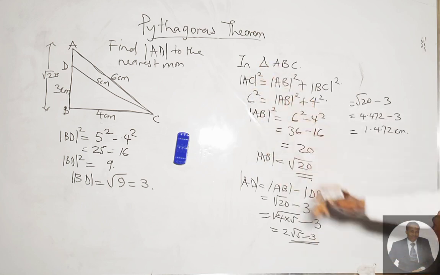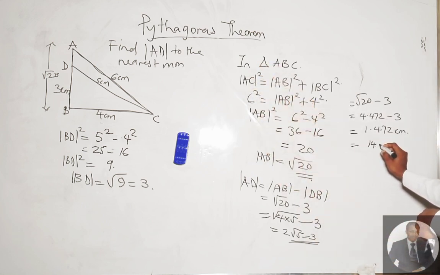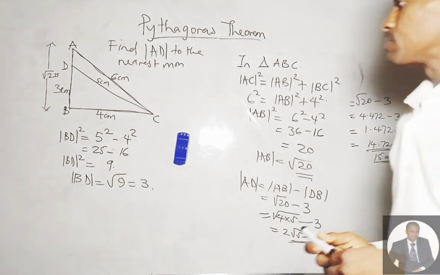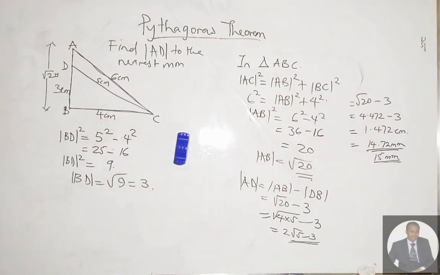And we are asked to give our answer in millimeter, so that will be 14.72 millimeter. So to the nearest millimeter, that's 15 millimeter. This is an application of Pythagoras Theorem.